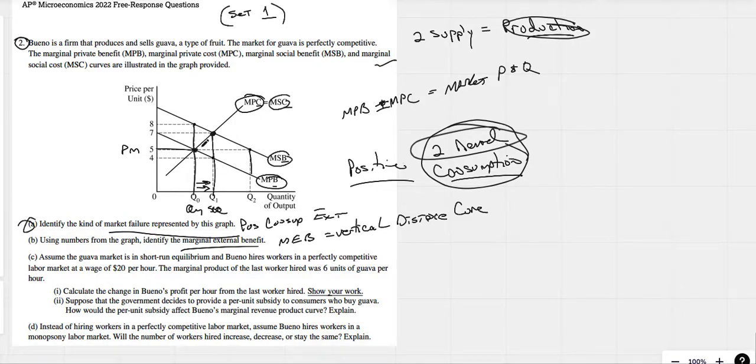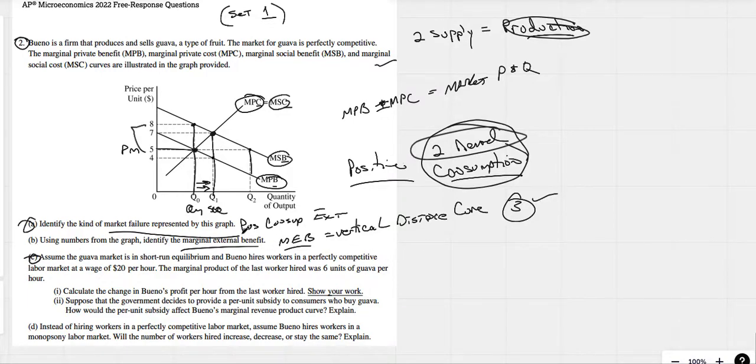If they had given me the numbers, we could have used that vertical distance. From 5 to 8, it's 3. Or we could have used 4 to 7. That would have worked too, still 3. We know what we're looking for: the MEB, the marginal external benefit.